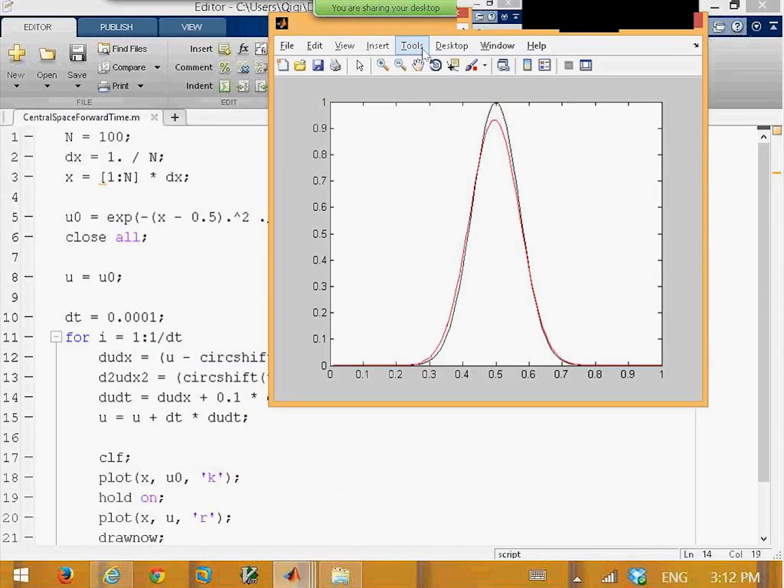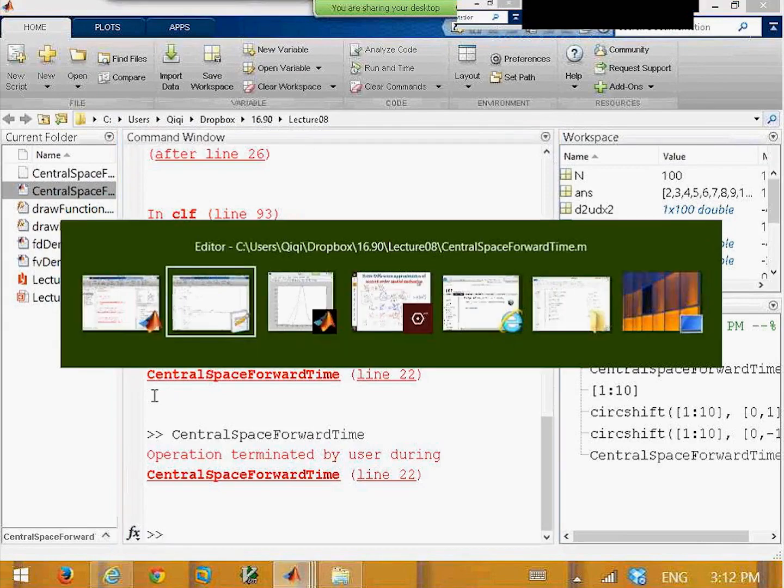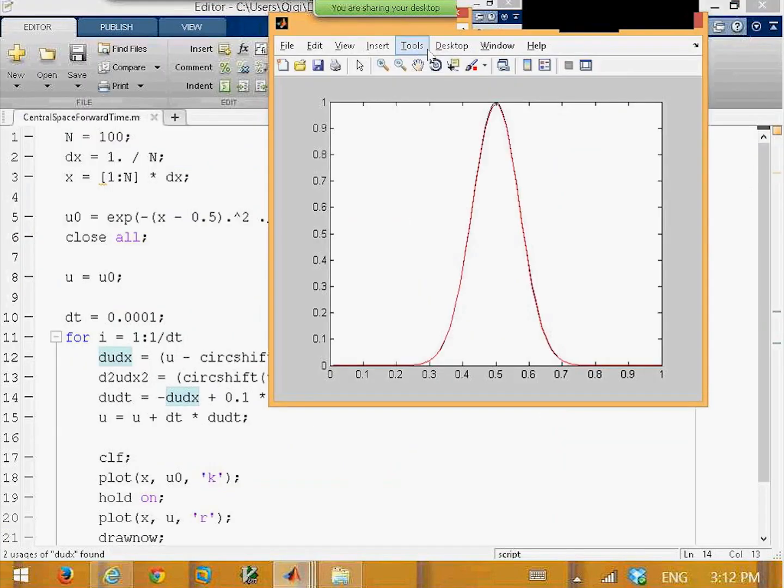We can see the solution diffuses, and in this case it's shifting towards the left because I think the right convection diffusion equation should have minus du dx. Let me make sure that is the case. So okay, we have a solution that is diffusing by the diffusion term, and also advected towards the right by this advection.